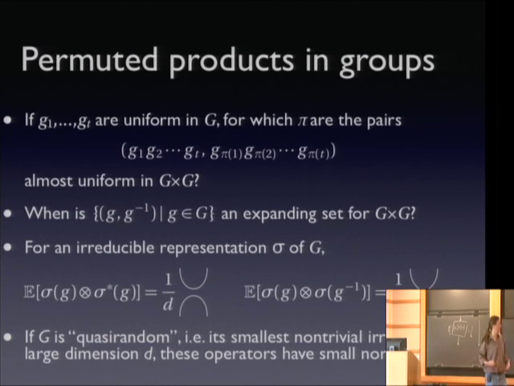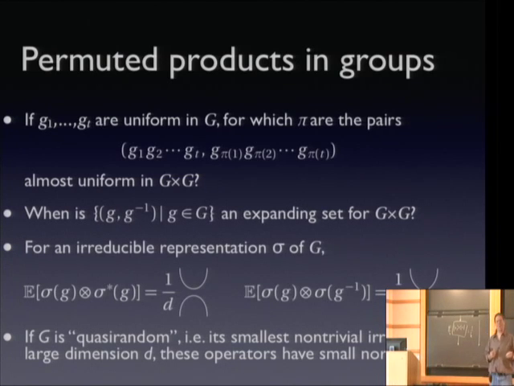So that immediately tells you that suppose our group is quasi-random. I think this is a term that originated with Gowers. You can think of this as a highly non-abelian group. Its smallest non-trivial irreducible representation has really big dimension.